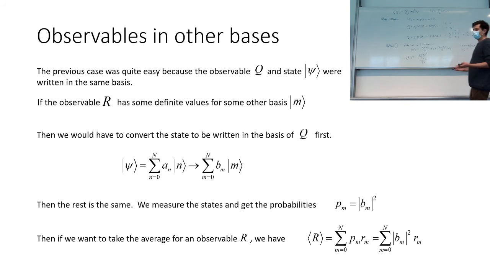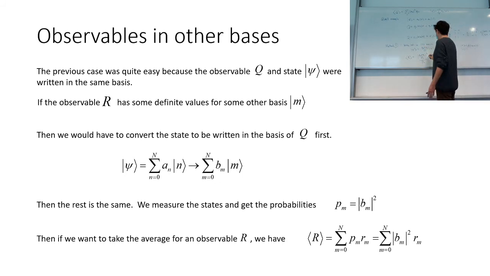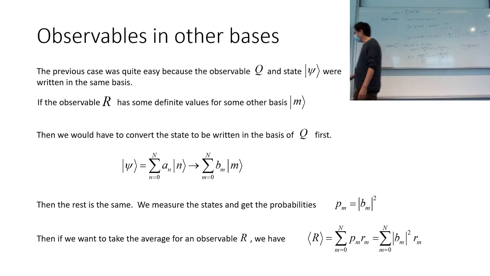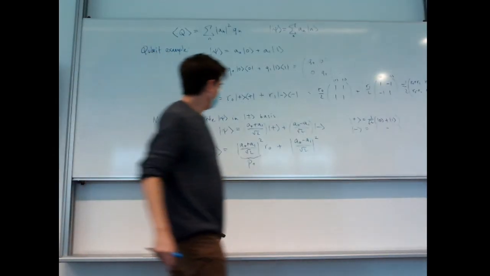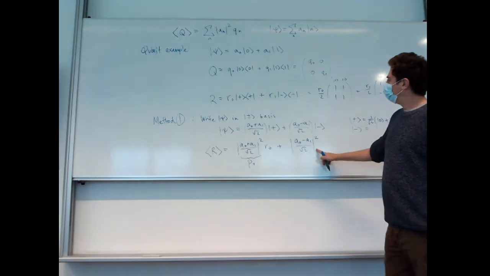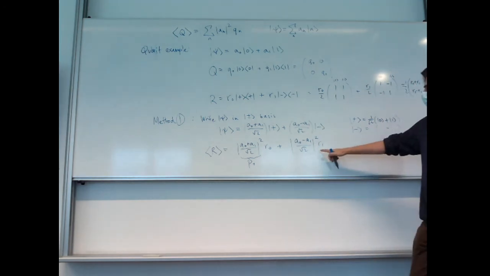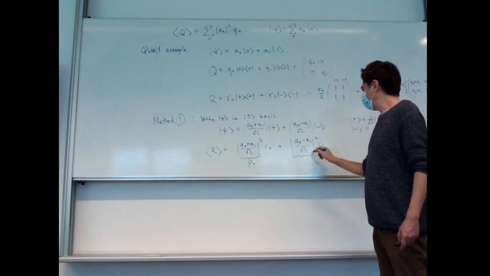The value that you assign to that is R0. And the probability of getting the other one is this one squared, and the value that you're going to give there is R1.